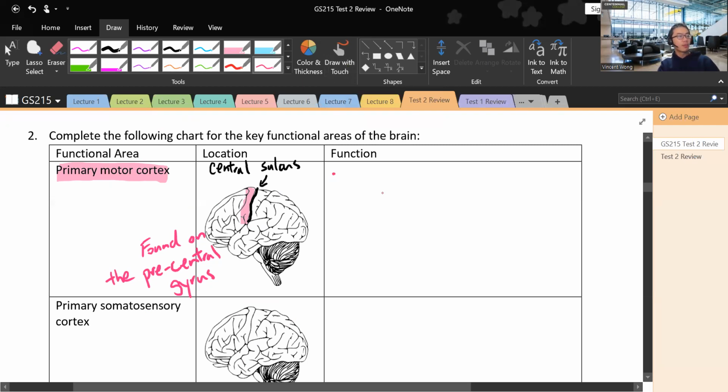This is more for voluntary movement. So anytime you move, voluntary muscle movement, we can say. Anytime you move any part of the body, it initiates from the primary motor cortex.